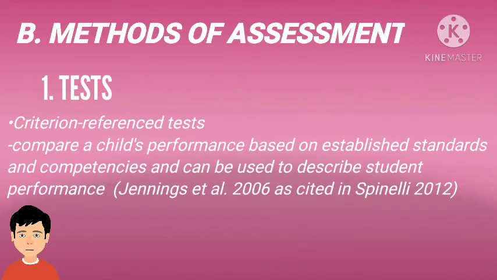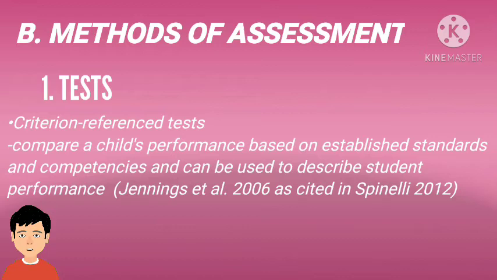Number 2 is criterion reference tests. Criterion reference tests compare a child's performance based on established standards and competencies and can be used to describe student performance. And that is according to Jennings and co-researchers in 2006, as cited in Spedley in 2012.